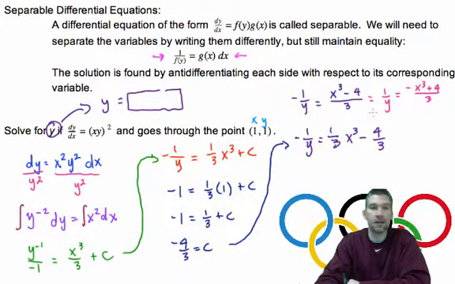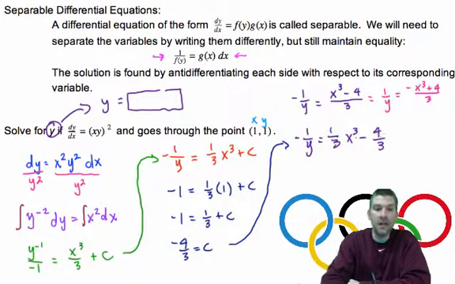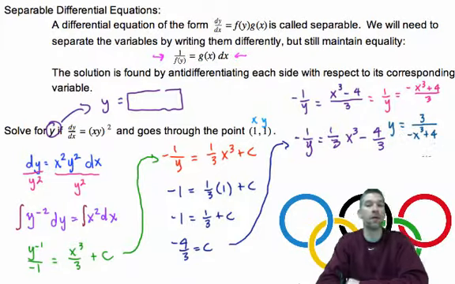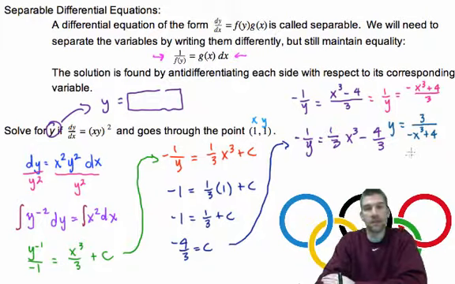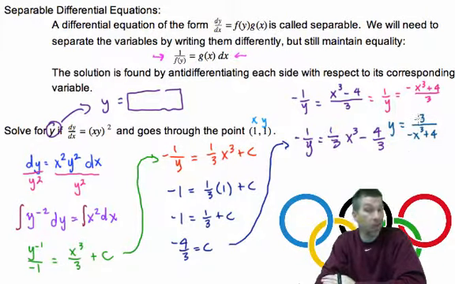To do that, I can just use the reciprocal. If I take the reciprocal of one side and the reciprocal of the other, I'm legal. So I should end up with y equals 3 over negative x cubed plus 4. Or another equal version of this would be negative 3 over x cubed minus 4.